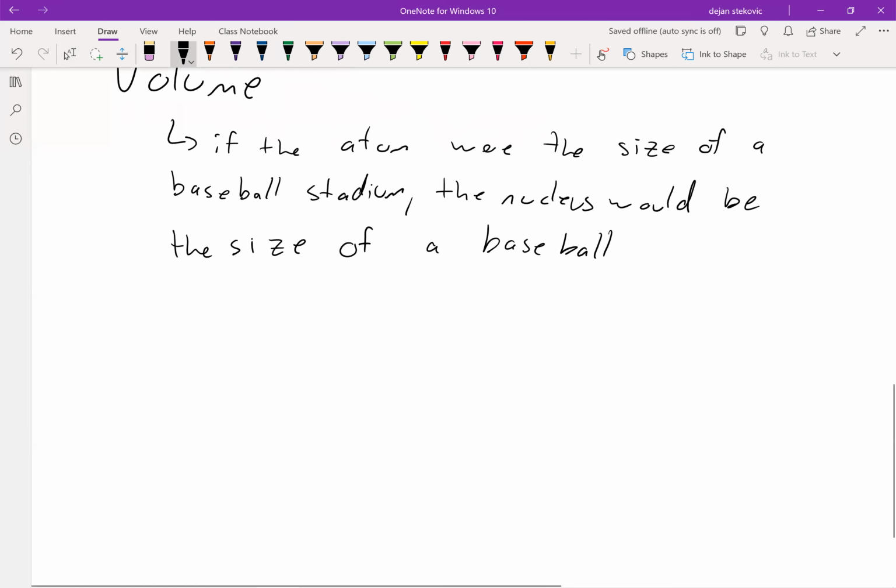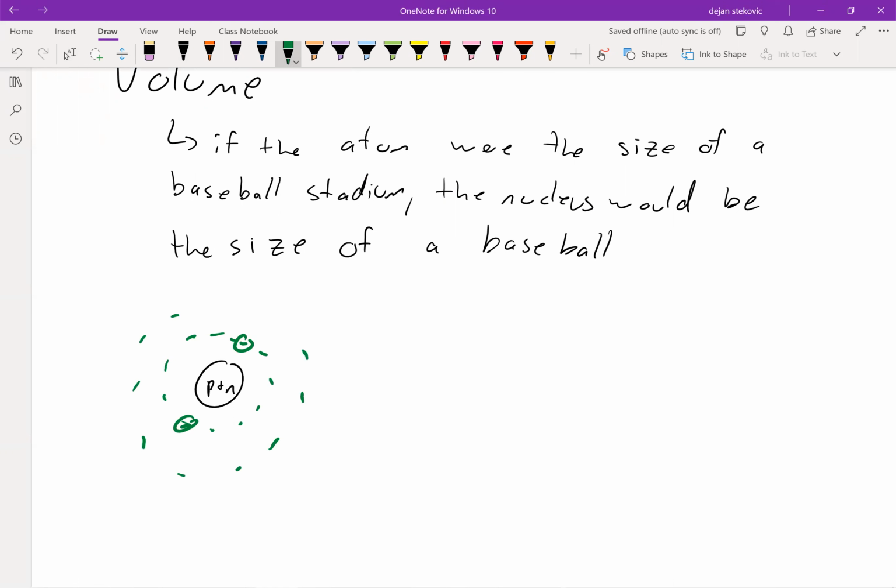What makes up most of the volume of the atom is either empty space, or really it's where the electrons are, right? Outside of the nucleus, we have our electrons zooming around, and they basically won't allow other electrons to get in here. So first of all, this is not size accurate, right?